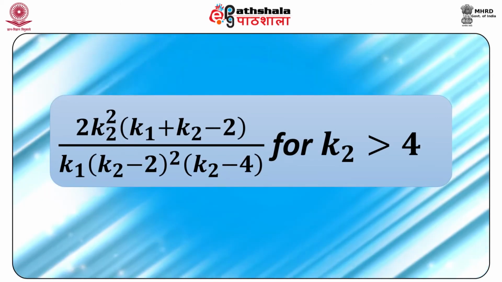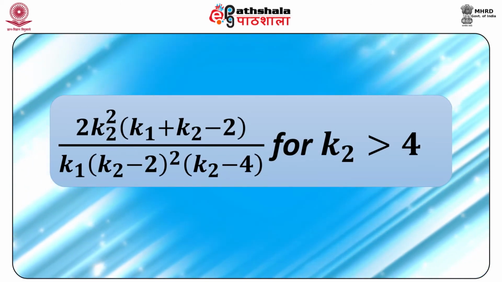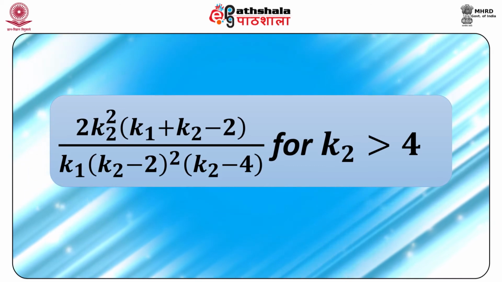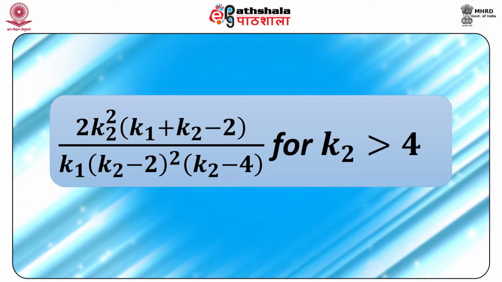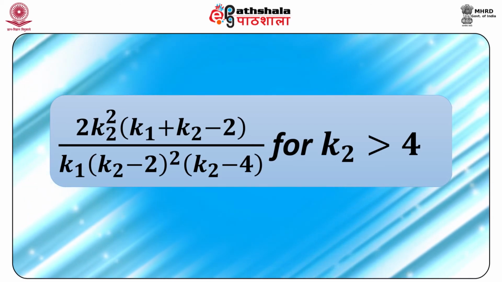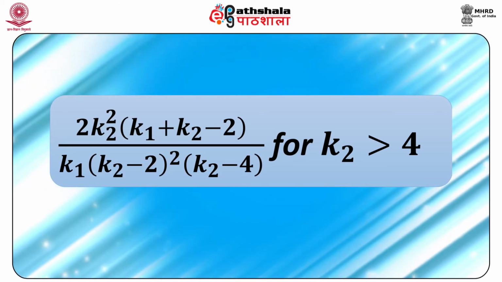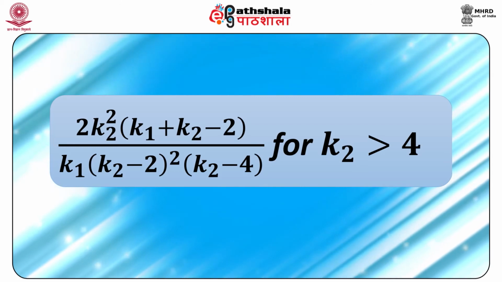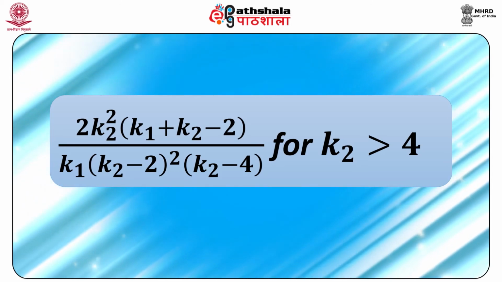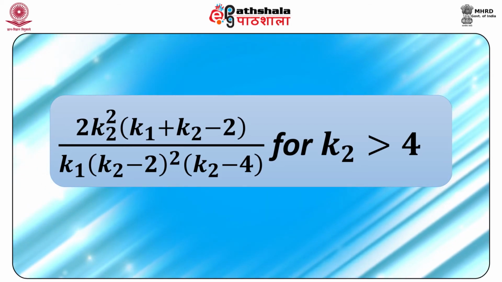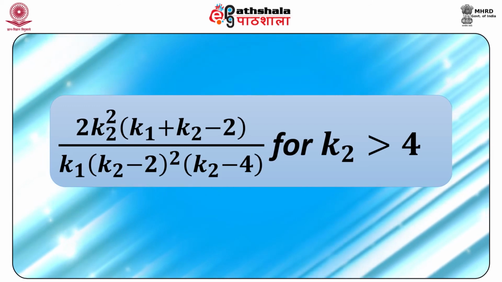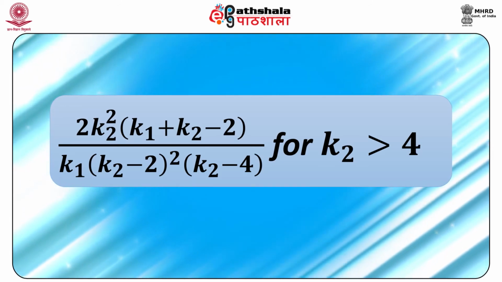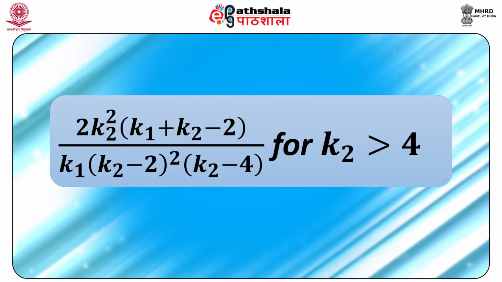We can also say that the F distribution has a mean of K2 upon K2 minus 2 for K2 greater than 2, and the variance is equal to 2 K2 square into K1 plus K2 minus 2 upon K1 into K2 minus 2 whole square into K2 minus 4, and this is for K2 greater than 4.